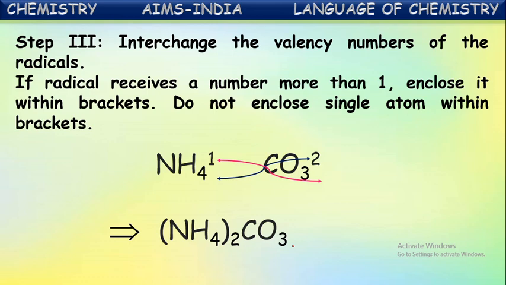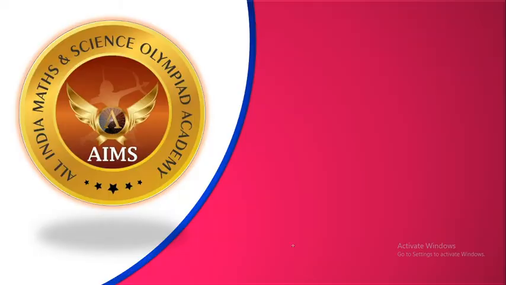And in the third step, we exchange or interchange the numbers remaining in their valencies between those two ions or radicals. Then the molecular formula of the compound will be obtained. If there is more than one atom in the radical, and if we get a number more than one as an interchange number, then the radical formula is kept in brackets. Okay, this is the way of writing the molecular formula of compounds.